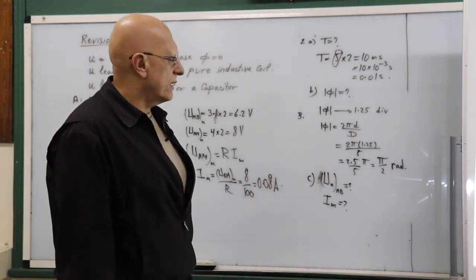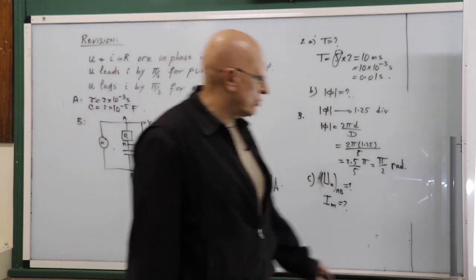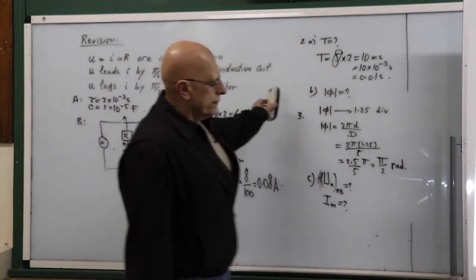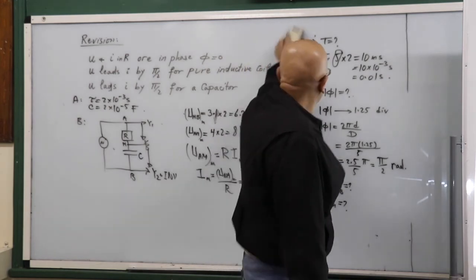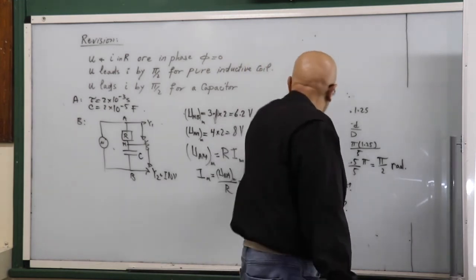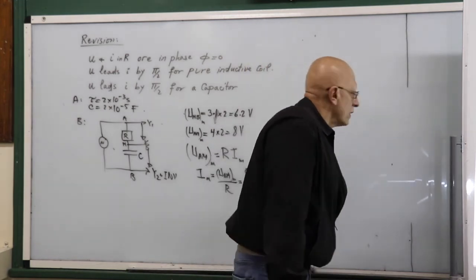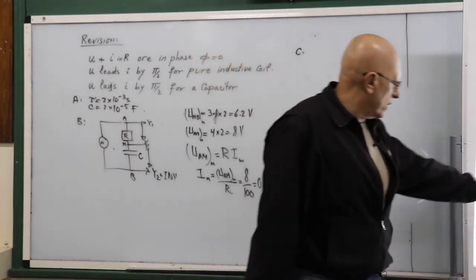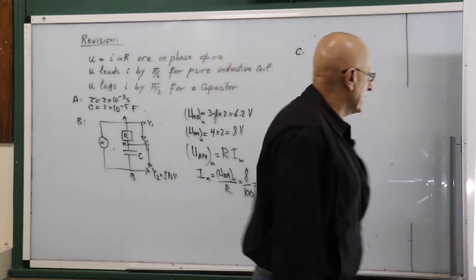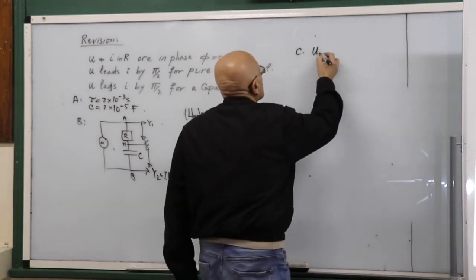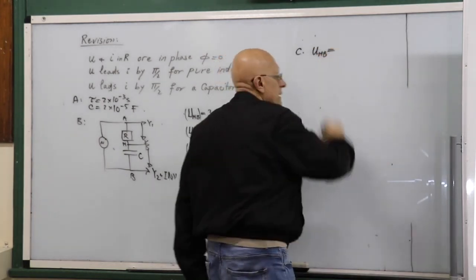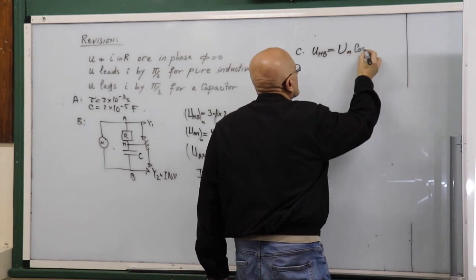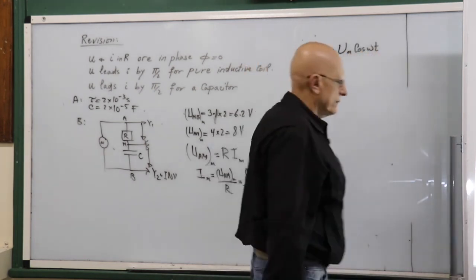Okay. The last part, which is part C, the voltage across the capacitor is given by UMB equals Um cosine omega t.